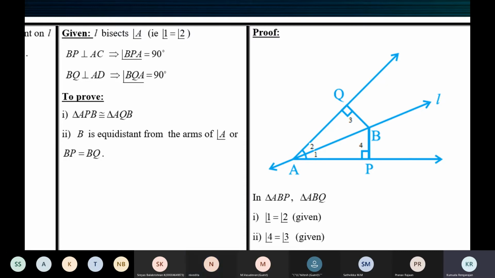Okay, very good. So L, name the angle using 3 letters. Nivedita, you name the angle. Name the angle using 3 letters. Ma'am, ABP, and QBA, ma'am. No. I said name angle A using 3 letters.